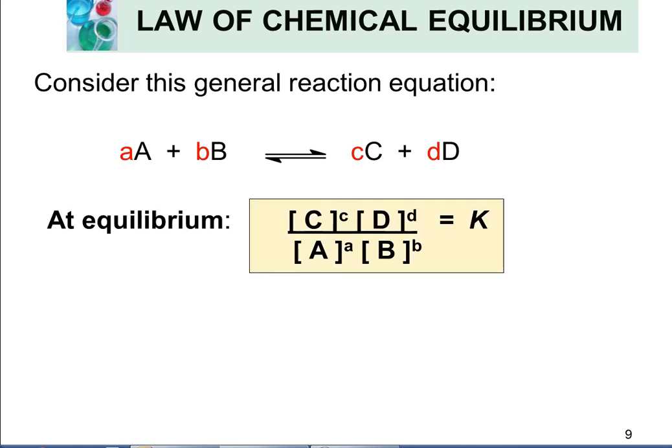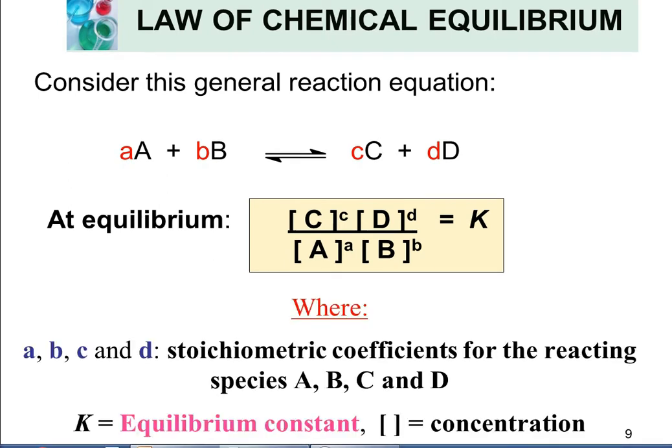So K is the concentration of product divided by the concentration of reactant, each raised to the power of its coefficient, where the lower case letters are the stoichiometric coefficients for the reacting species A, B, C and D. K is the equilibrium constant and the brackets show concentration.